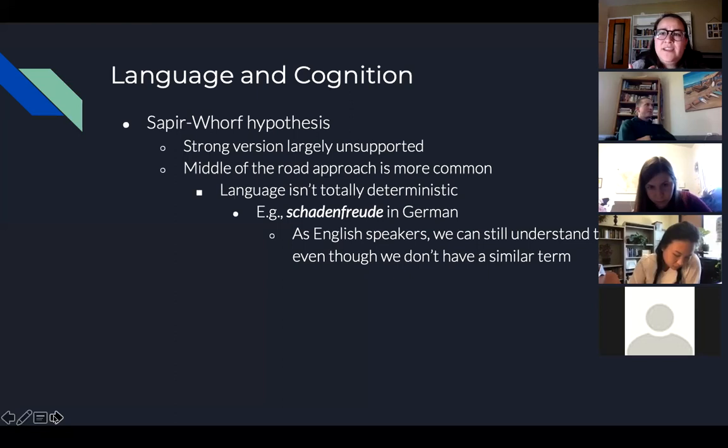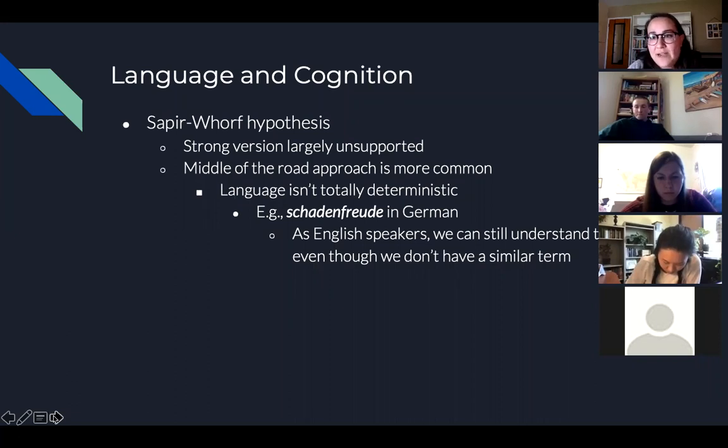But it wouldn't be true to say that, as an English speaker, I've never experienced that feeling, or I can't understand that because I don't have that word. Even though we don't have an English equivalent to this specific word, I still understand the concept.